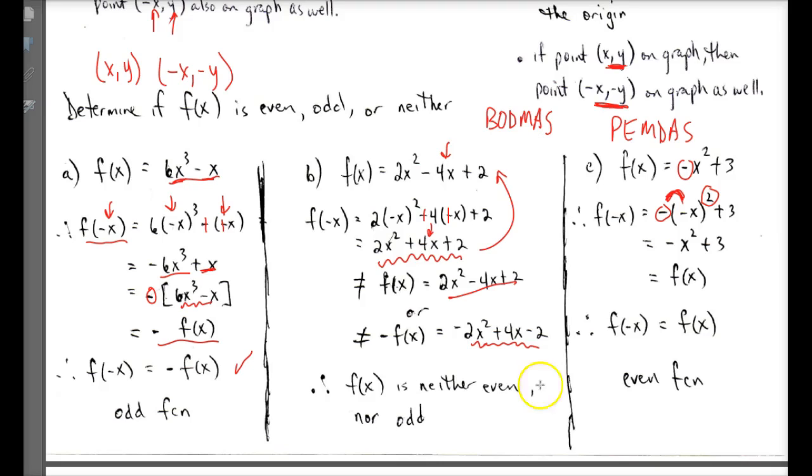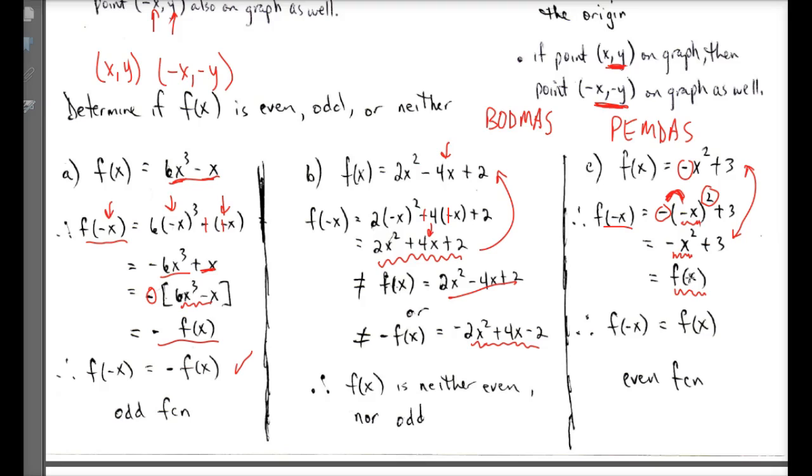And so when we come here, we have a negative x quantity squared, which is just negative x times negative x, which is a positive x squared, times an understood negative 1 here. That's why our result ends up being like this. And if we look at all this, we see that these two things match exactly, which is why we said f of negative x just equals f of x.